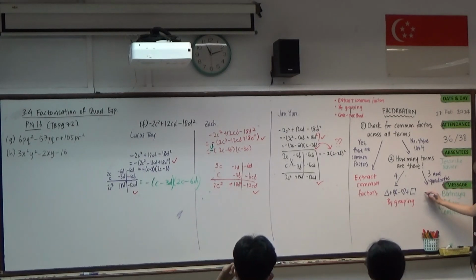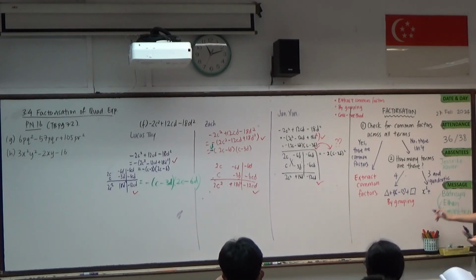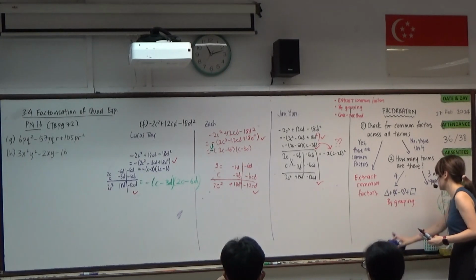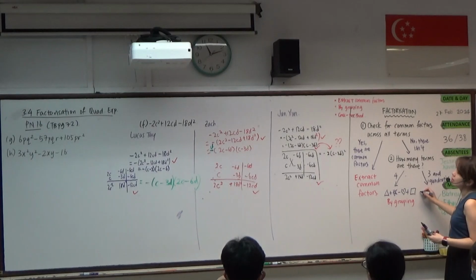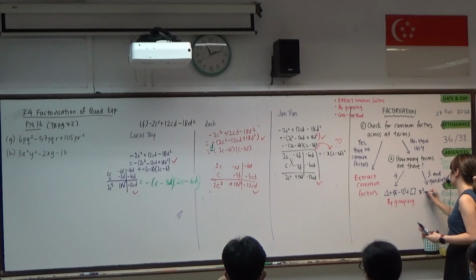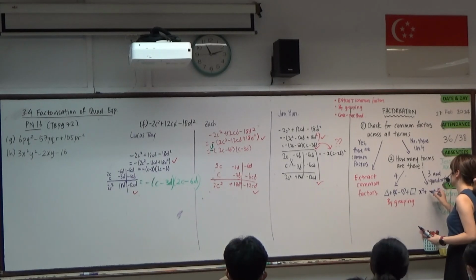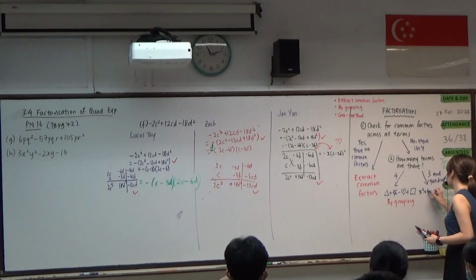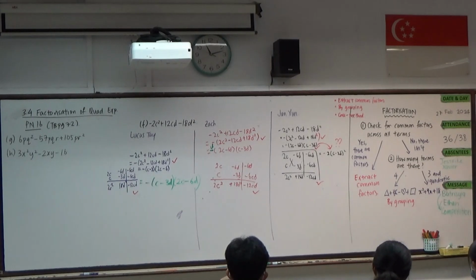Alright, so that is, for example, just to use one example here, x squared plus 6x plus 9x plus 18. Okay, this is where you can do by cross method.